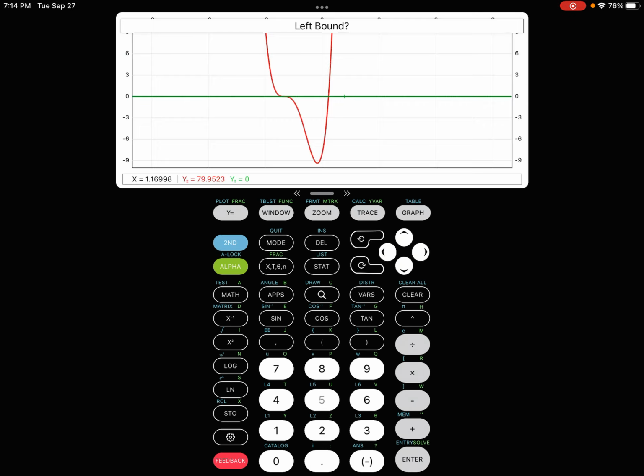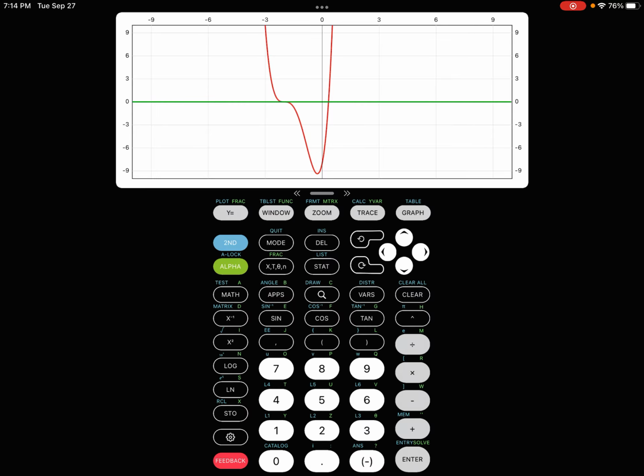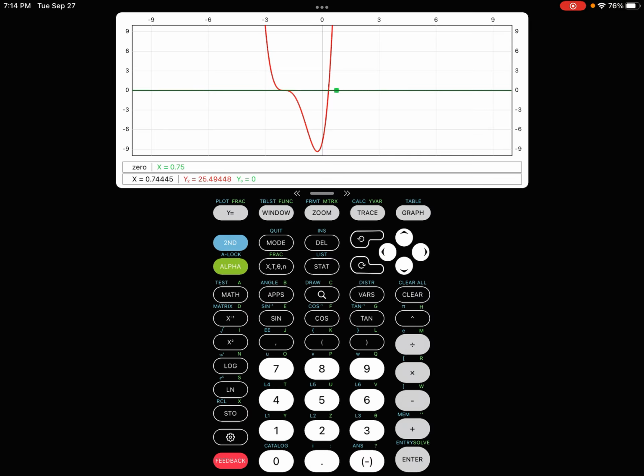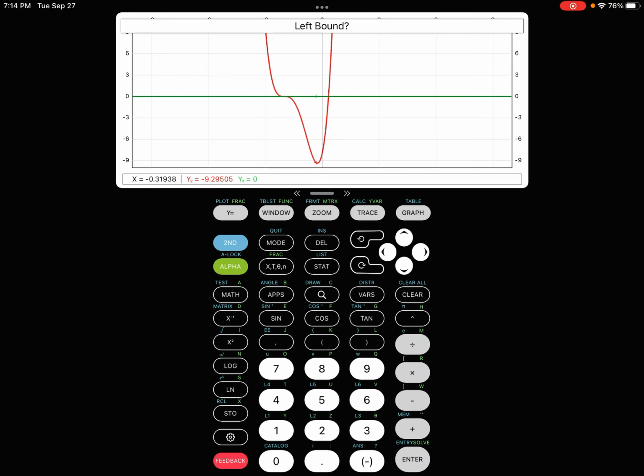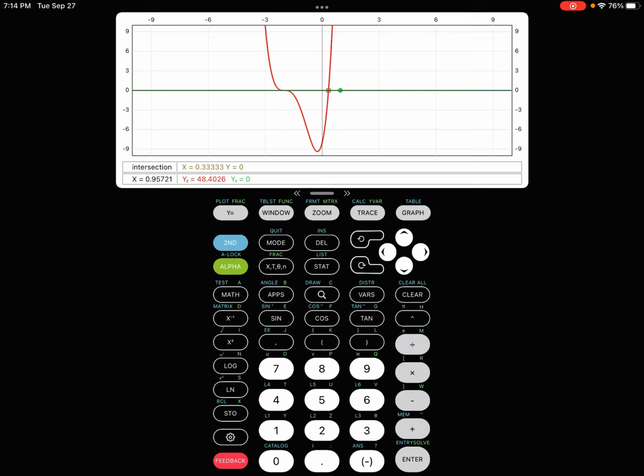So to find that fractional root, second trace, intersect. On your calculator, you will do enter. Hang on, I messed that up. I need to scroll where I can get to it. Second trace, intersect. You hit enter, then scroll close to the root you're trying to find and hit the third enter.